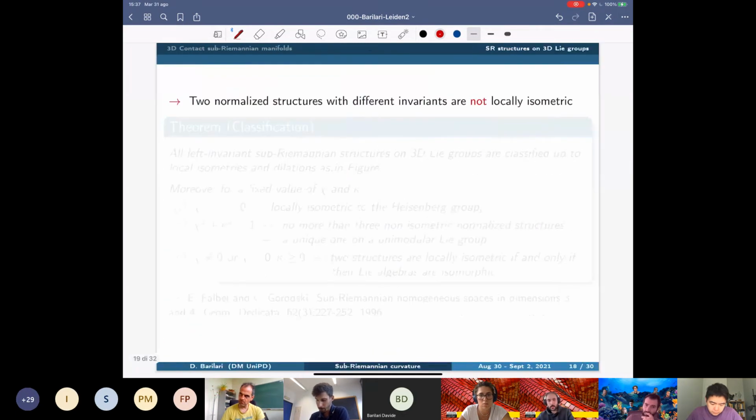And of course, two normalized structures with different invariants are not locally isometric. This is the easy part. But one may wonder if two structures have the same invariants whether they are isometric or not, because a priori these are functional invariants and we might miss some discrete invariants.